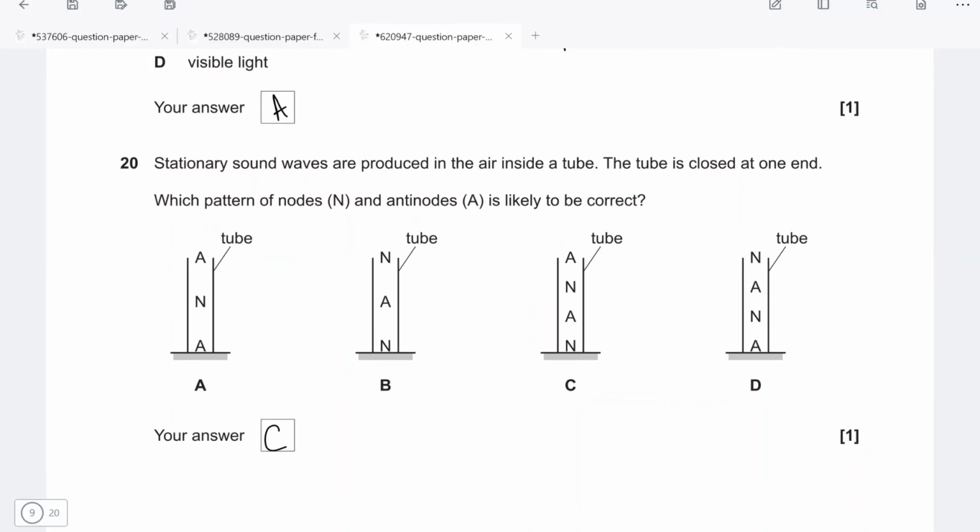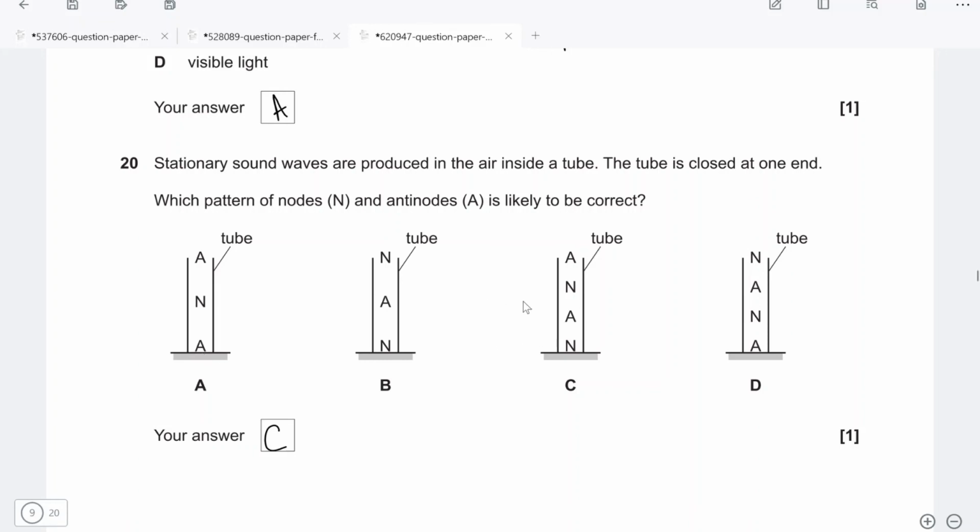The tube is closed at one end. So the correct pattern is going to have the following conditions. The open end is going to have an antinode. The only pipes with an open end and an antinode are A and C. However, if we have a closed boundary, we're bound to have a node at the closed end.